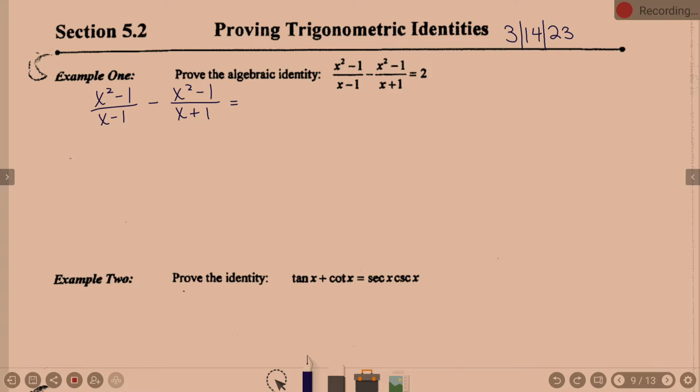Then I write equals 2. That's my goal. I tend to write my goal down at the bottom. I'm trying to get my left equal to my right. I'm not going to do anything with that 2. I just want my answer to be 2. The final answer is known on these; it's just how do we get there?